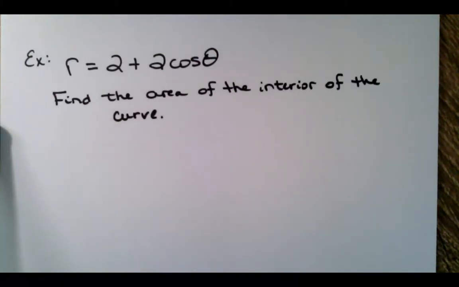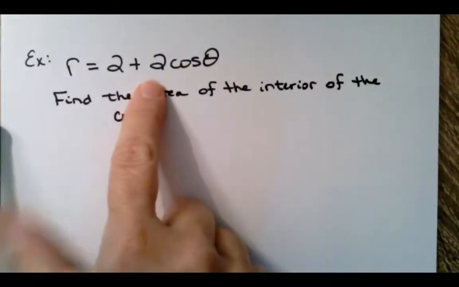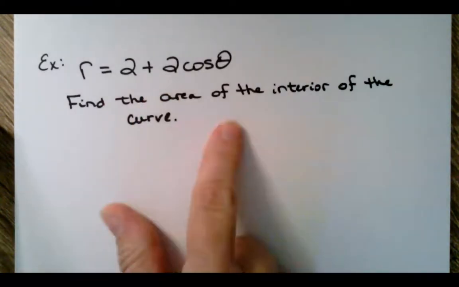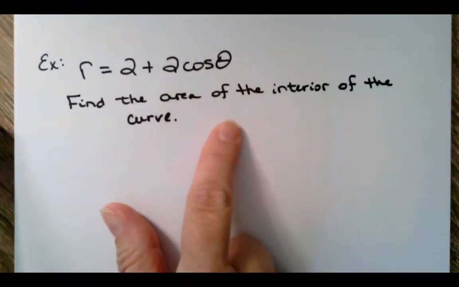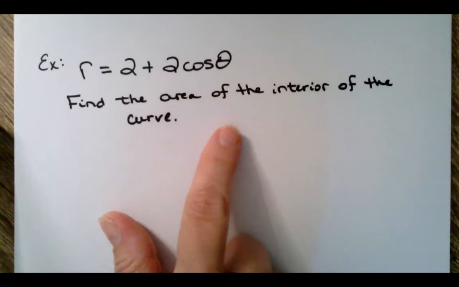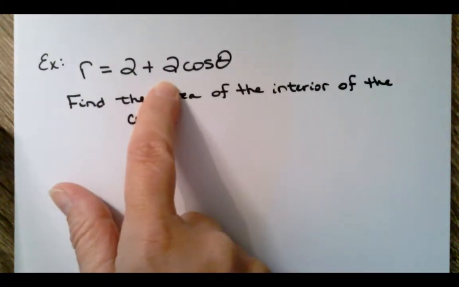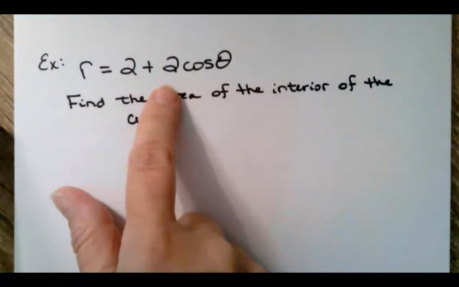One of the main reasons I went through how to sketch these graphs is so that we understand how polar graphing works. If you recognize this formula, this is going to graph a cardioid. And so if we want the area of the interior, we can just integrate using our area formula, starting at 0 and stopping at 2 pi.